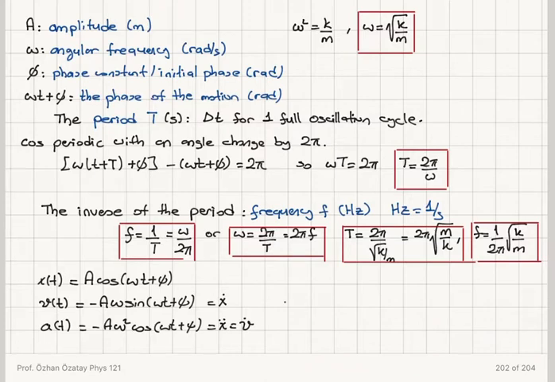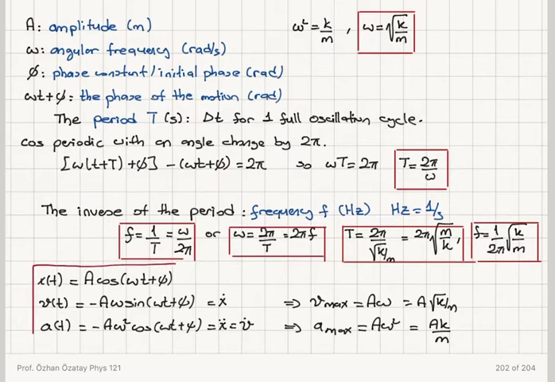So this is x dot, this is x double dot, or v dot, if you wish. That's basically telling me the maximum speed the particle can have is A omega. The maximum acceleration the particle can have is A omega squared for this motion, which means it is A square root k over m for the maximum speed and A k over m for the maximum acceleration.